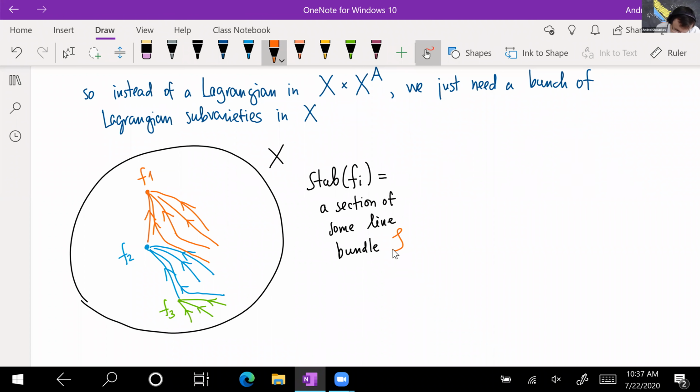And where would that live? If we now look at the elliptic homology of X, what would it look like? For every fixed point, it will have a copy of the elliptic homology of a point.